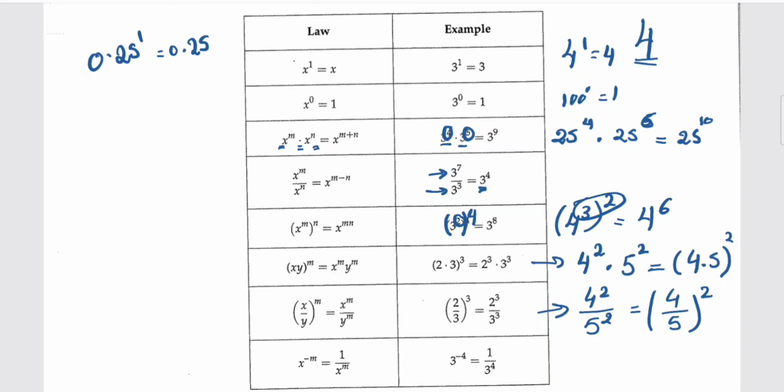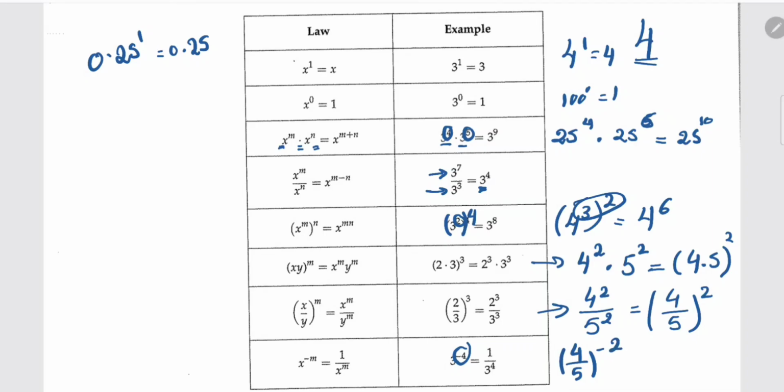So remove the negative power and write it as 1 over x to the power m. Let's take an example: 3 to the power negative 4. Oh, negative. How do I remove the negative? Find the reciprocal. So it's 1 over 3 to the power 4. I removed the negative by finding the reciprocal of the number. I have another very, very important example: 4 over 5, all to the power negative 2.